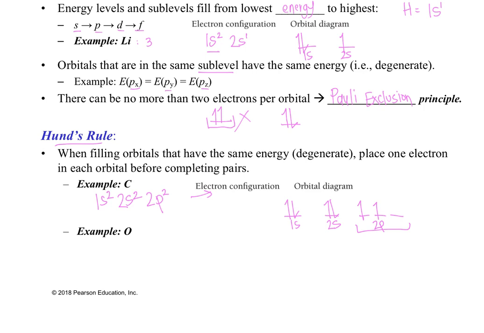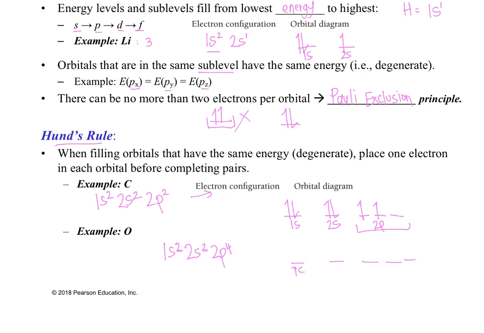So let's do oxygen. Oxygen has 8 electrons. It's 1s2, 2s2, 2p4. So 2, 4, 8. So we are going to have a similar thing here.